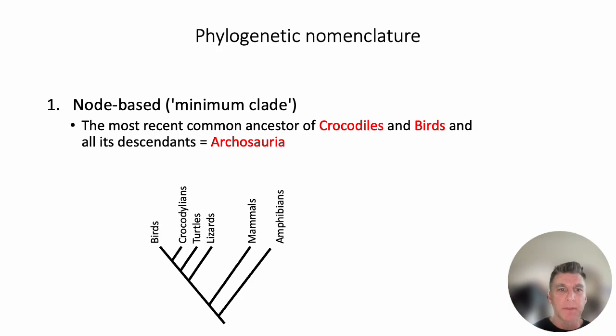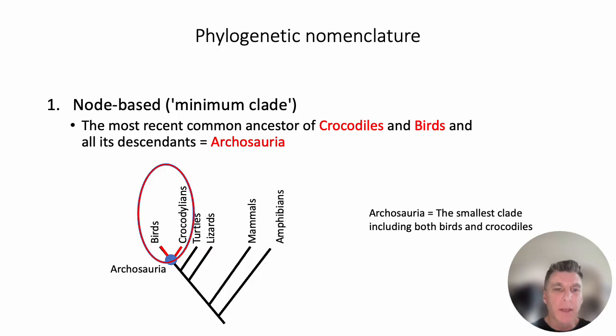Let me give you an example of this. The most recent common ancestor of crocodiles and birds and all its descendants is a group that we call Archosauria. So, this group right here. You take the crocodile clade, modern crocodiles, and the bird clade, and you follow them back in time in their evolutionary lineages, and you get to the last point when they shared an ancestor. That's the most recent common ancestor of crocodiles and birds.